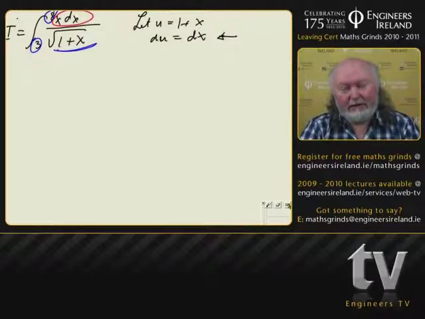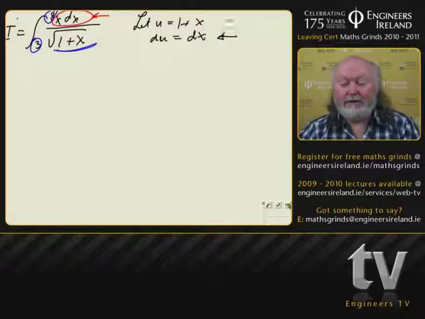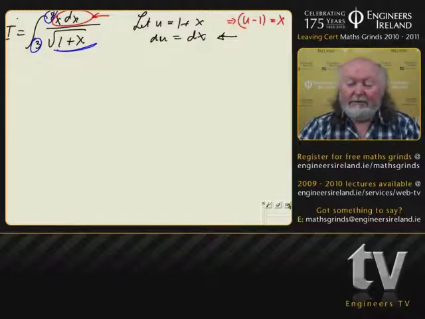It's important to recognize there's one last little rule that you're expected to know. And that last little rule is sometimes the top is got by also playing around with the u. We can also say that implies u minus 1 is x. True?